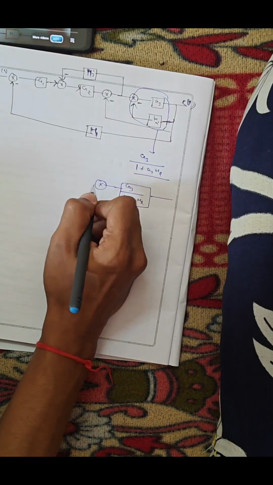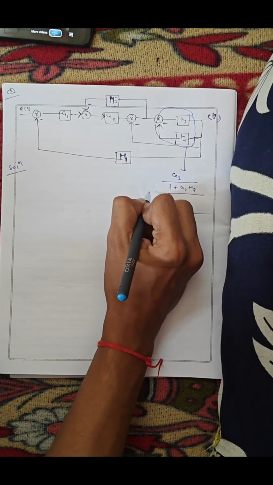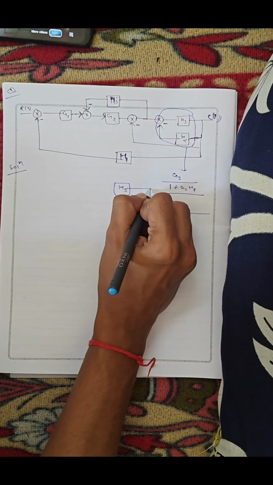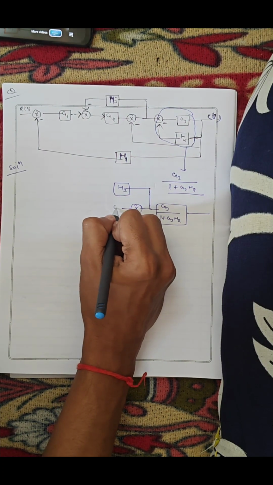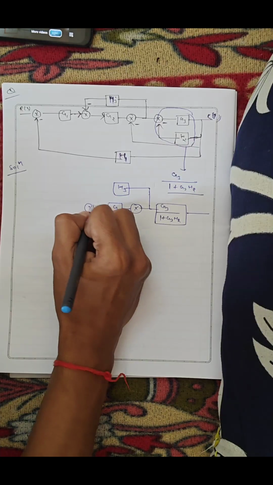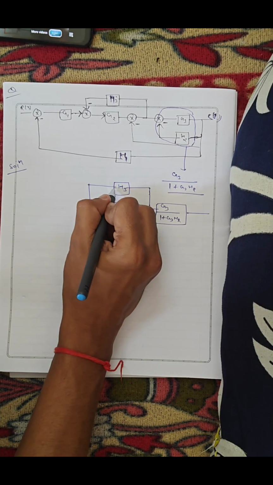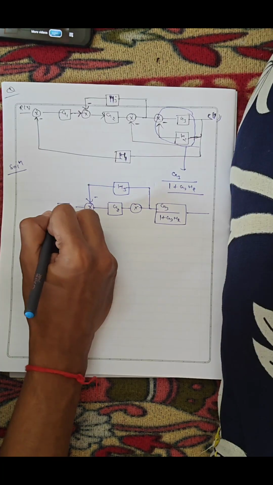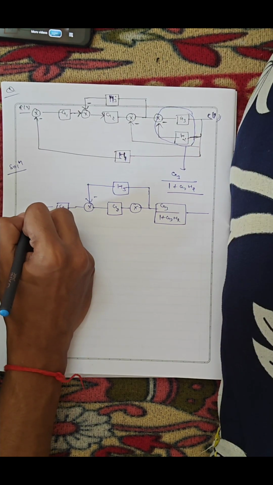So here is the summer, start, and here is G1 and here is the cross.